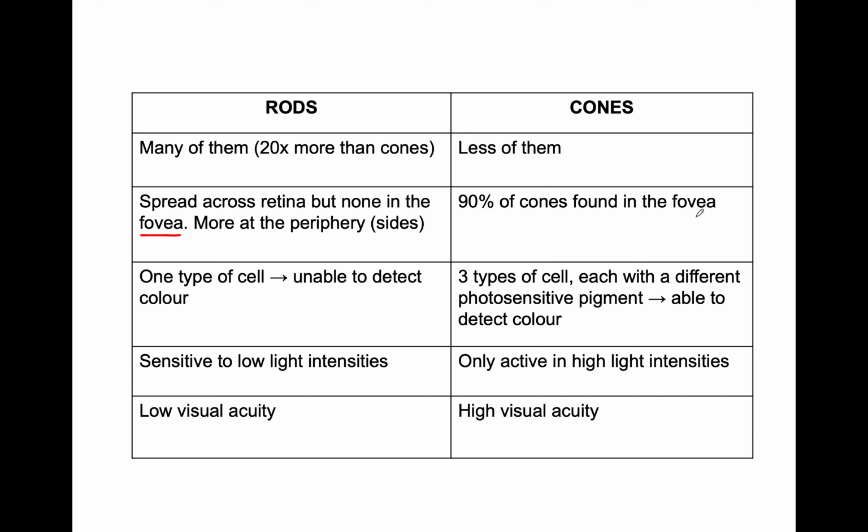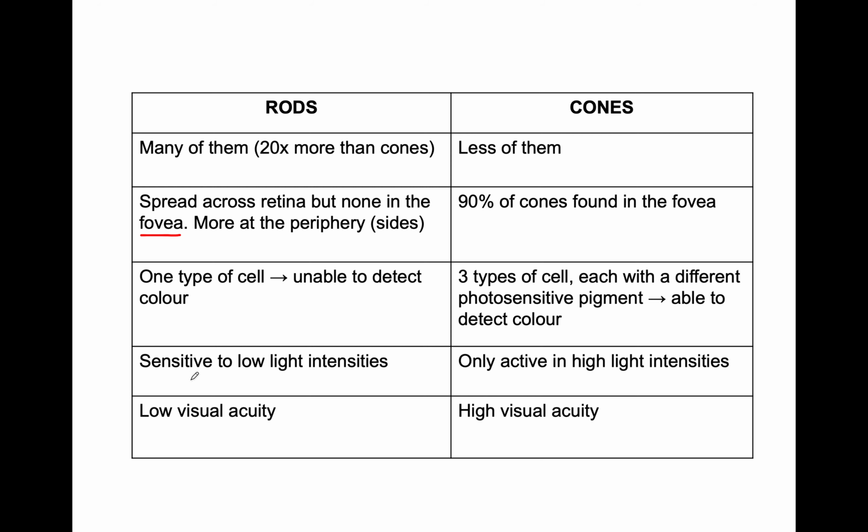Very few are found in the periphery. The rods, there's just one type, so they're unable to distinguish between colours. Cones, there are three types, and we refer to them as a particular colour sensitive cone. So we say that there is a red sensitive cone, a blue sensitive cone, and a green sensitive cone.